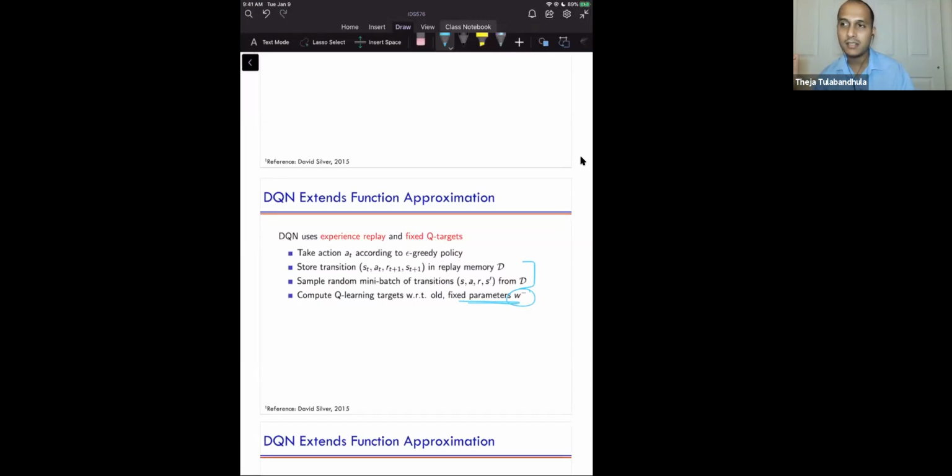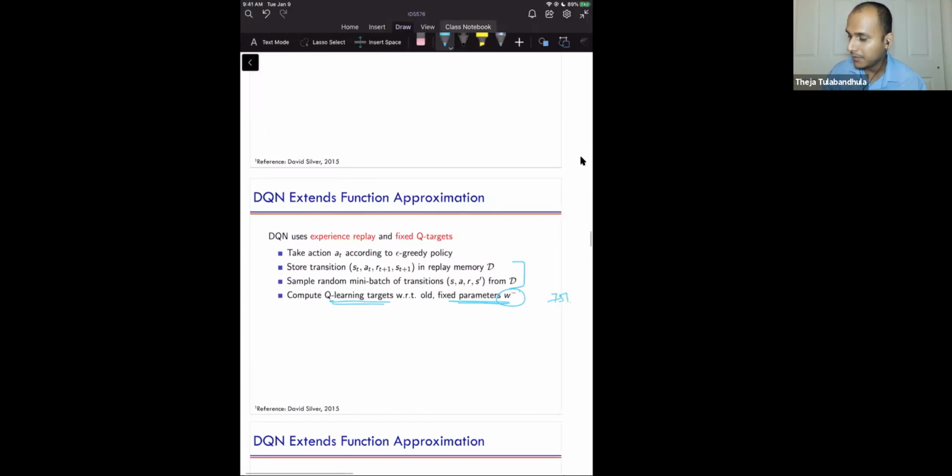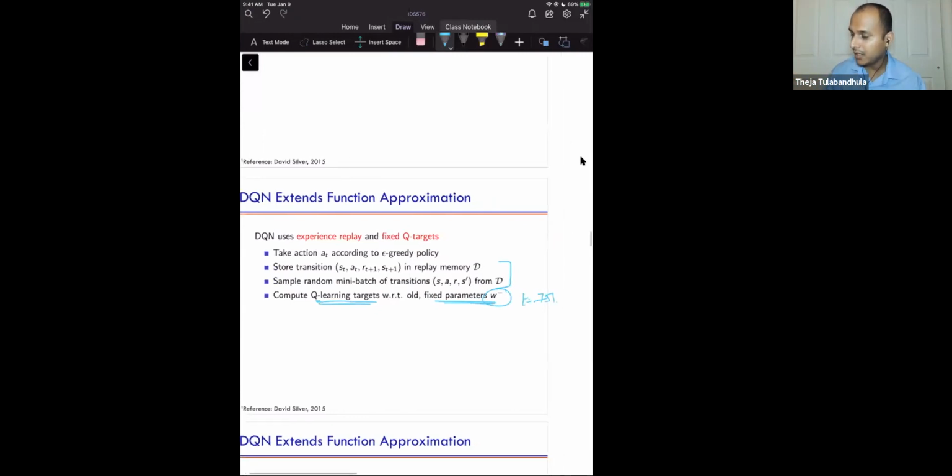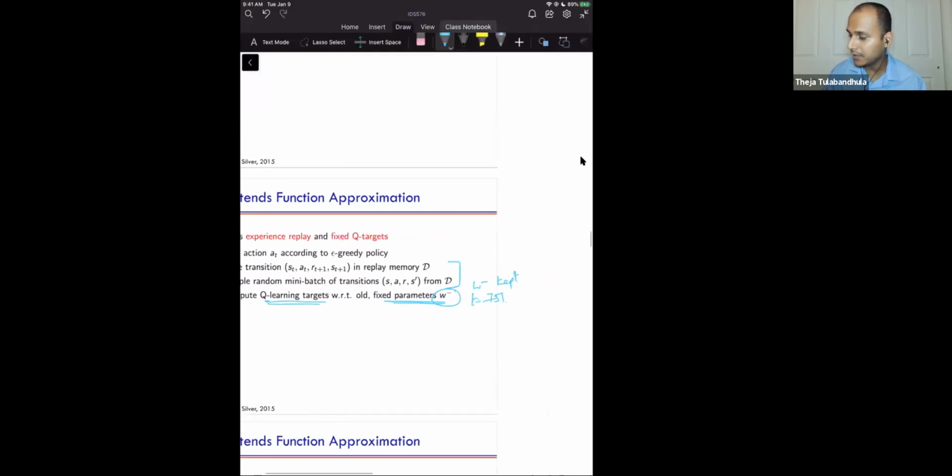If we can remember that, then we'll fix the parameters in the Q learning target in the squared loss function to be maybe the most recent 100. Let's say we are in time step little t equal to 751. Then maybe W minus is kept the same as whatever it was at t equal to 700. Maybe every 100 steps we change it.